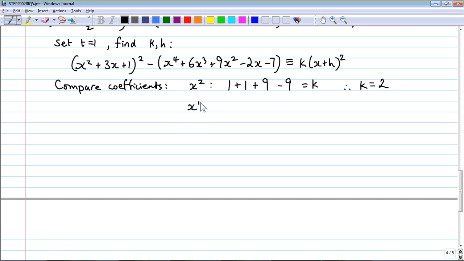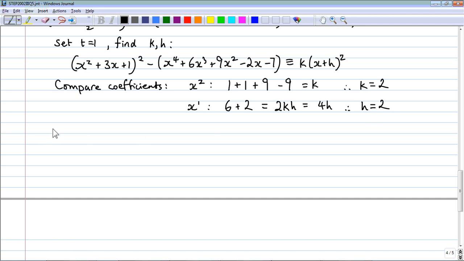Now let's compare coefficients of x itself. I've got 3x plus 3x, 6x, plus 2x, and that should be equal to 2kh. K is 2, so that's 4h, so h is 2.